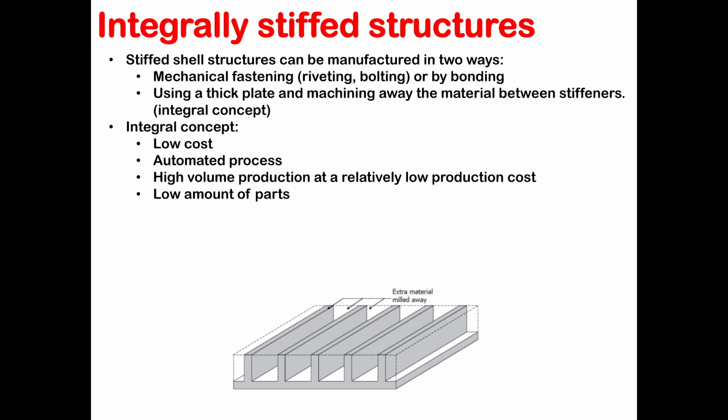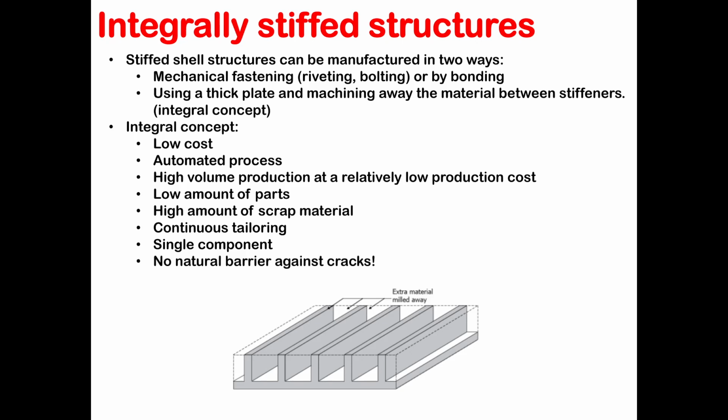You essentially just need a thick plate. That's it. But the problems with this concept are a high amount of scrap material. You will need continuous tailoring, and it is only a single component, which means that there is no natural barrier against cracks, which is also a very important consideration when you're designing an aircraft.